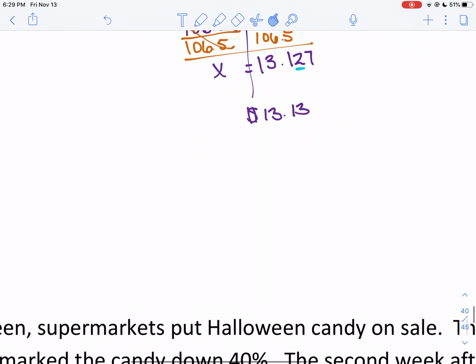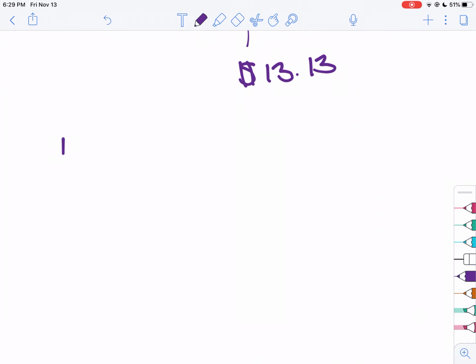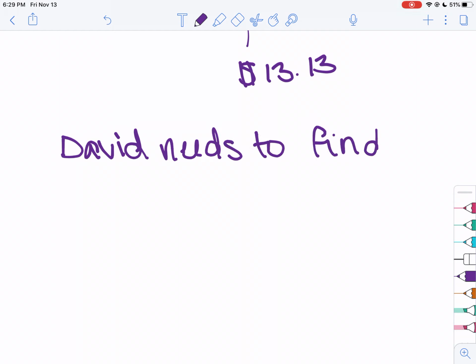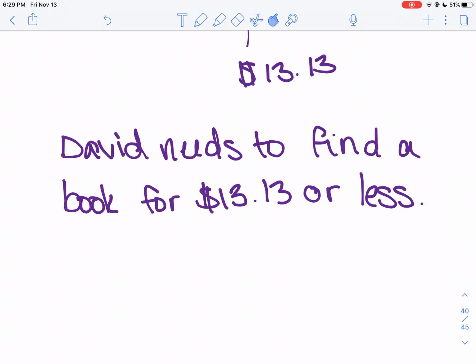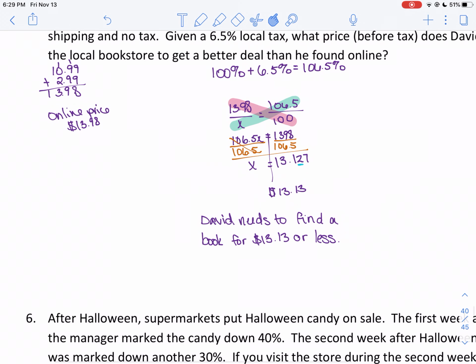So let's kind of write that out. So David needs to find a book for $13.13 or less. Better deal.